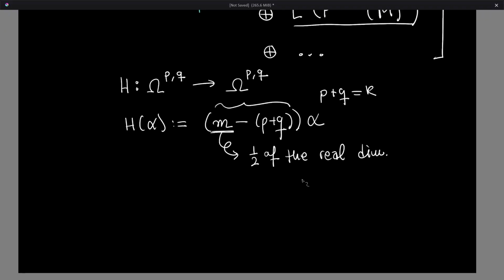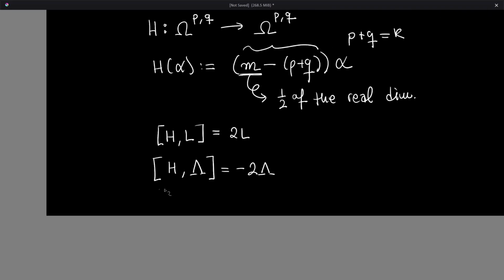Now, this forms a certain Lie algebra where the Lie bracket [H, L] is equal to 2L, then we get that [H, Λ], the adjoint Lefschetz operator, is equal to minus 2Λ.